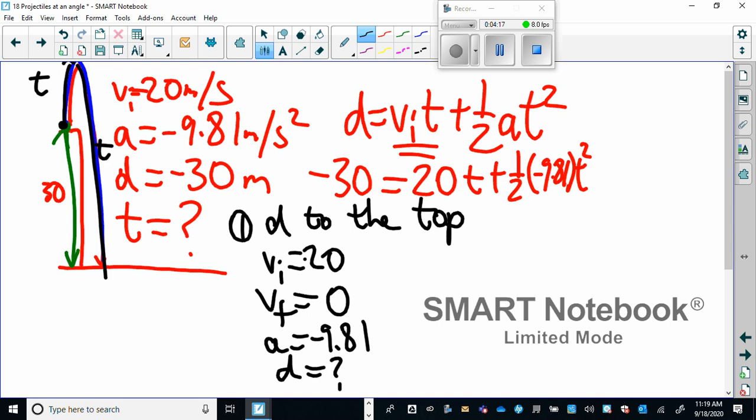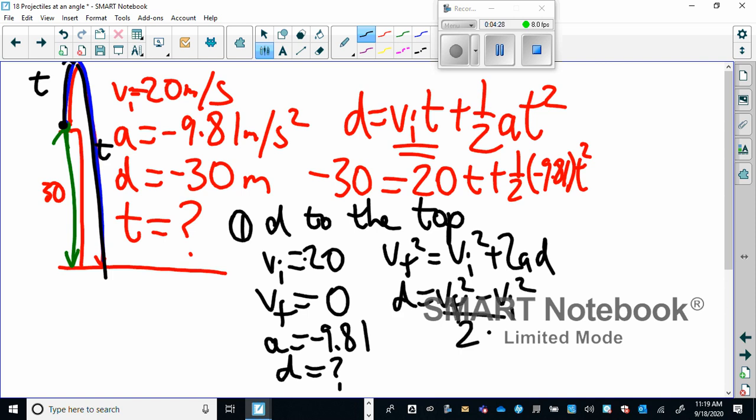So we have our kinematics equation for that. And in the interest of time, I'm going to tell you that the answer is 20.39 meters. So this displacement here, 20.39. In other words, when it gets to the top, it's going to have to fall 50.39 meters down to get to the bottom.